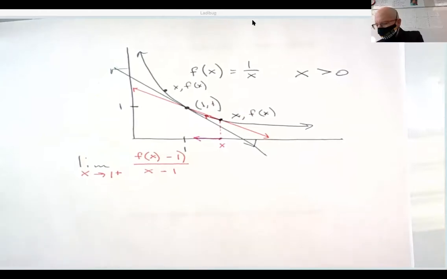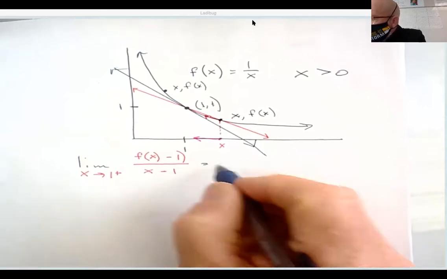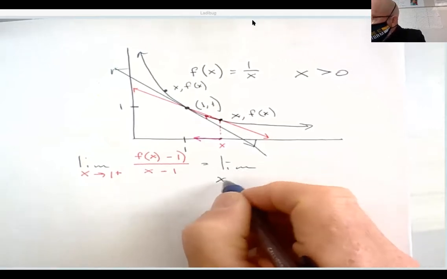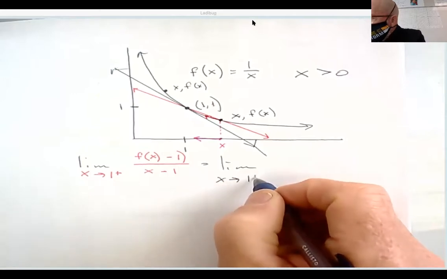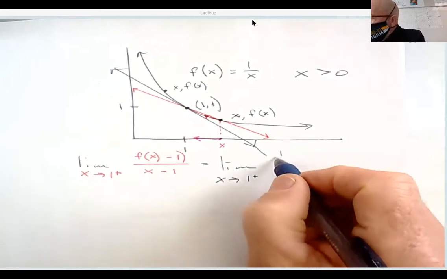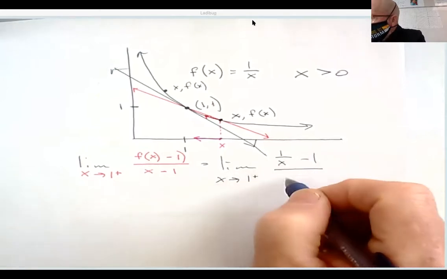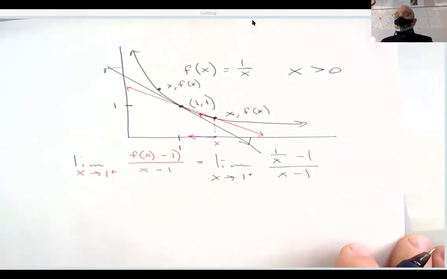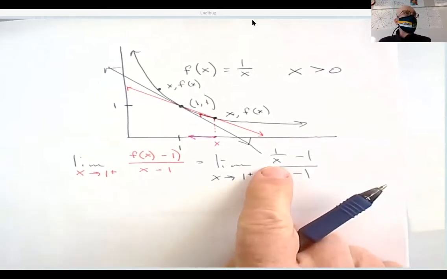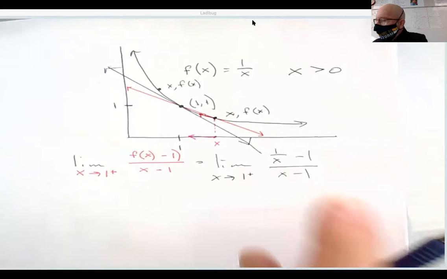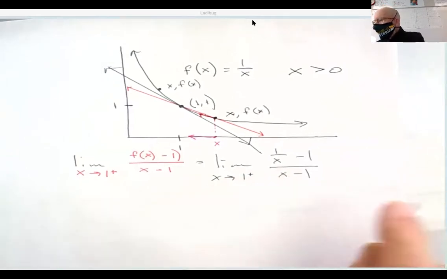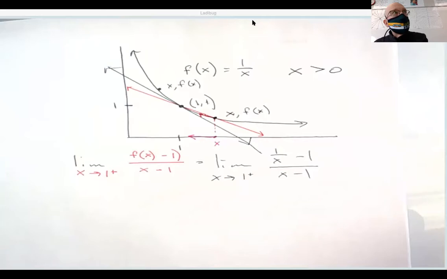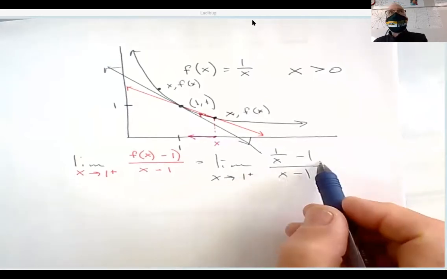So now what I'm going to do is write the symbolic form for this. I get the limit as x approaches 1 from the right of (1 over x minus 1) over (x minus 1), correct? Does everybody see where 1 over x came from? So no radical sign, no factoring, I've got to get a common denominator, right? The common denominator is x, isn't it?